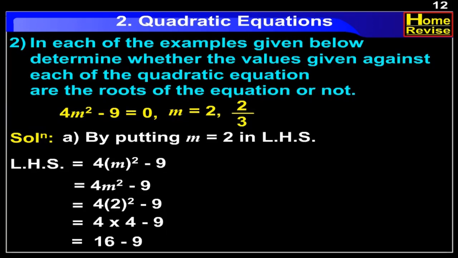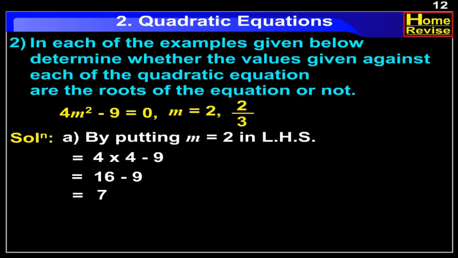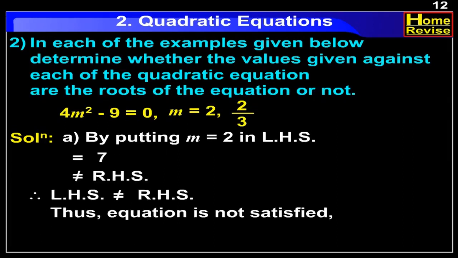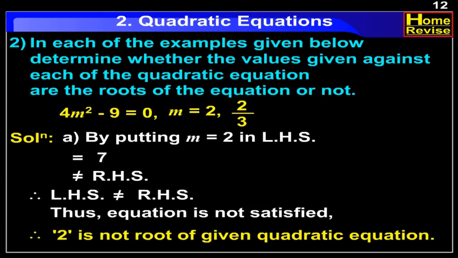Is equal to 16 minus 9, which is equal to 7, which is not equal to RHS. Therefore, LHS is not equal to RHS. Thus, the equation is not satisfied. Therefore, 2 is not the root of the given quadratic equation.